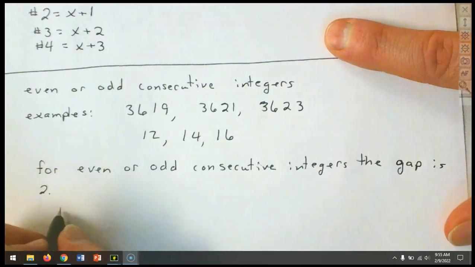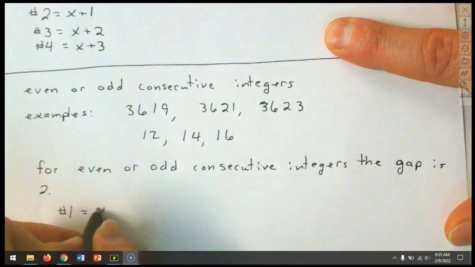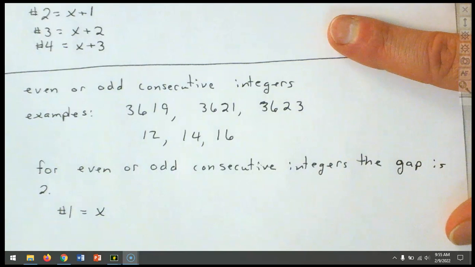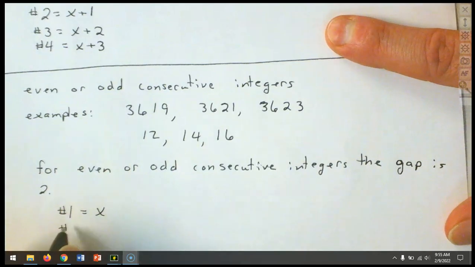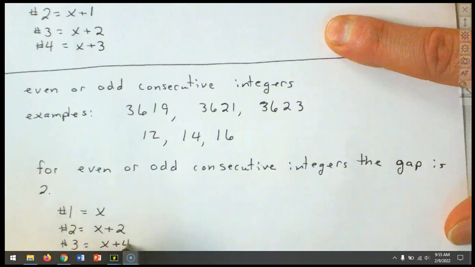So that means my first number would be x again, because that's what you start with. And then instead of adding 1, we're going to have to add 2. So then we have x plus 2. Add 2 more, that's x plus 4. Add 2 more, that would be x plus 6.